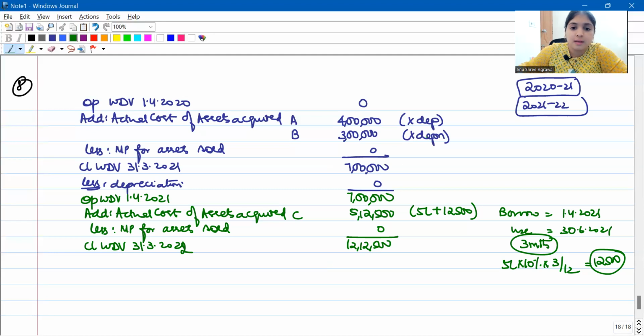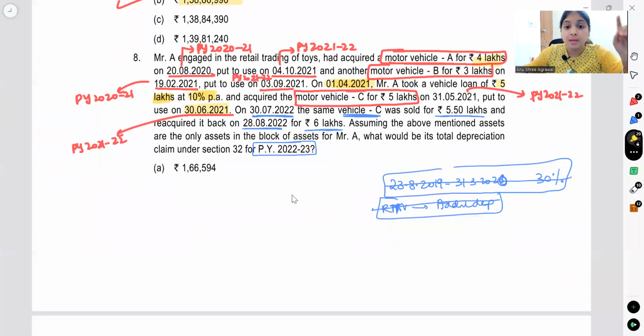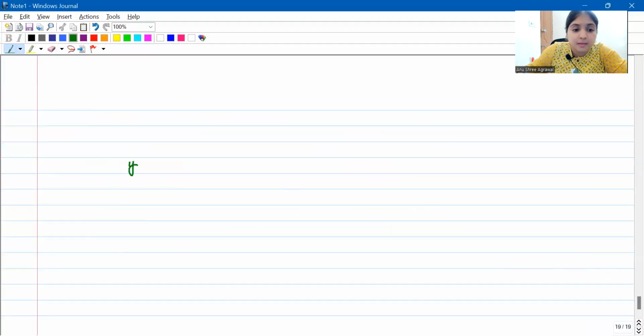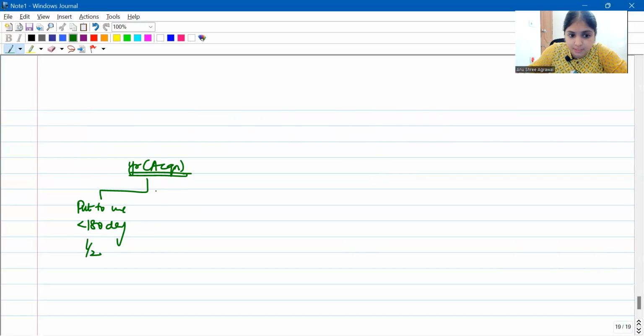Listen carefully. Motor car A and B and C, all the three I'm putting to use in the current year. But A and B were purchased in the earlier year. Listen, in the year of acquisition, if I put the asset to use for less than 180 days, I get half year's depreciation.